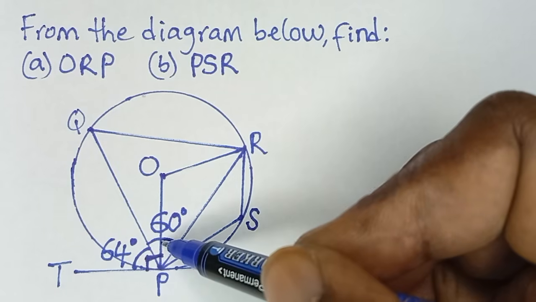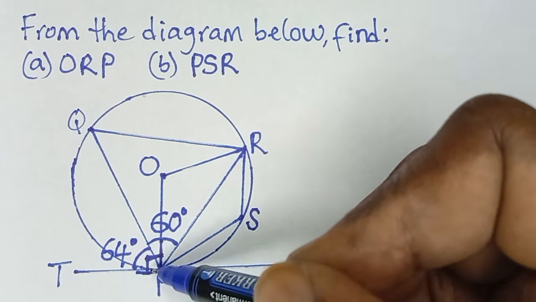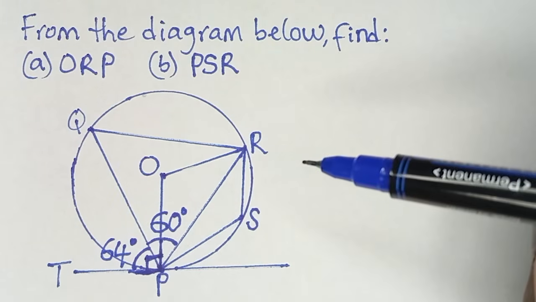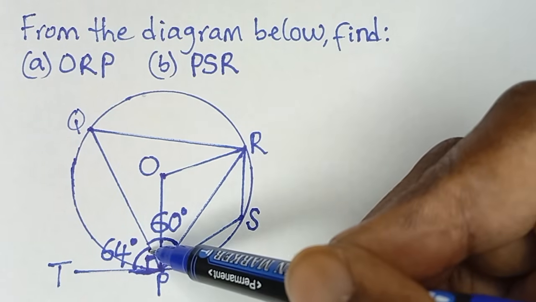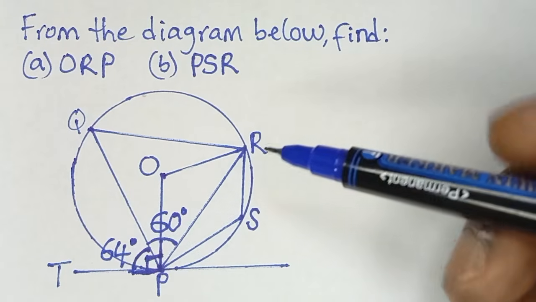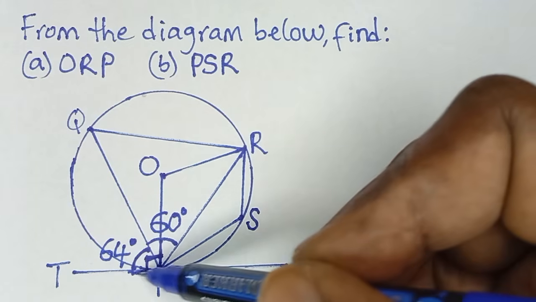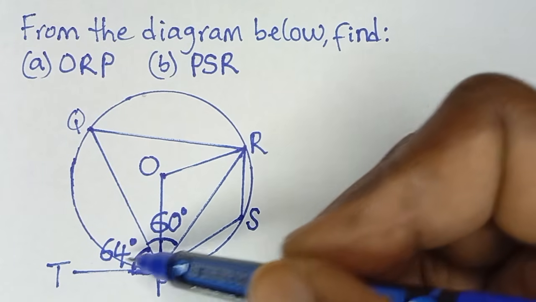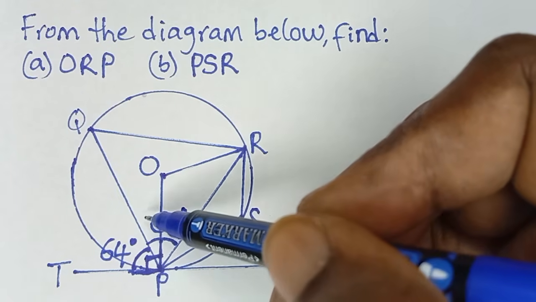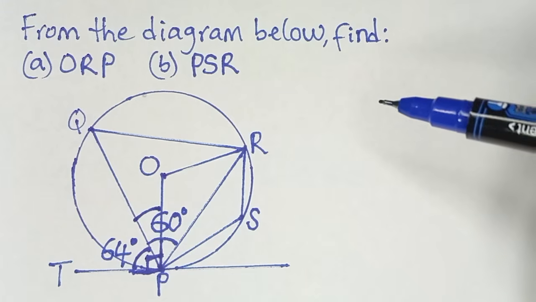This angle here, from this radius line to this tangent line, makes it 90 degrees. That's why I've drawn a box there. But now, this angle is 64 degrees. You can see it. This one is 64 degrees. So from this line to this tangent is 90, and this part is 64, so we can find this remaining angle.